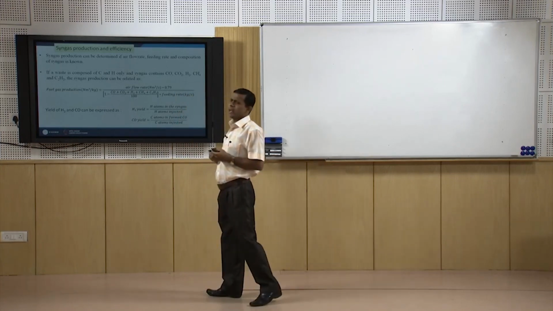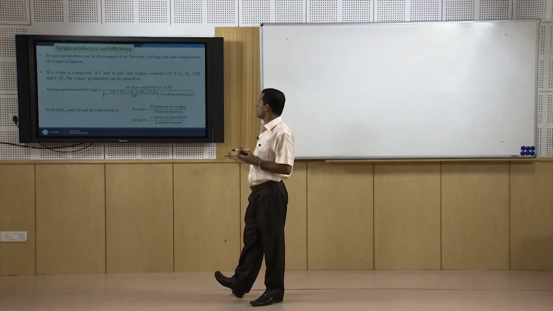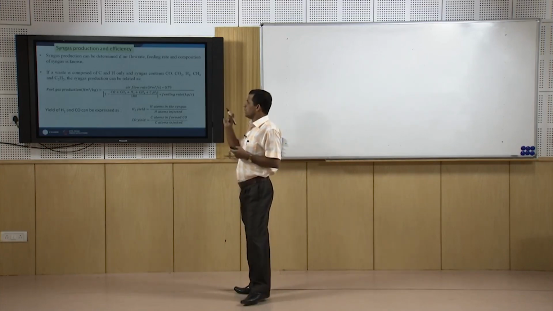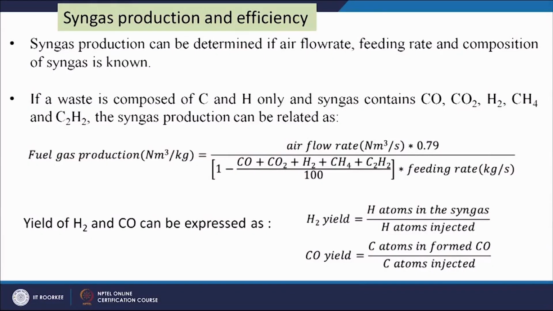Here some formula is given using which we can calculate the fuel gas production rate if the raw material or feedstock contains only hydrogen and carbon and the product gas contains CO, CO2, H2, CH4 and C2H2. Fuel gas or syngas or producer gas, whatever it may be depending upon the situation.